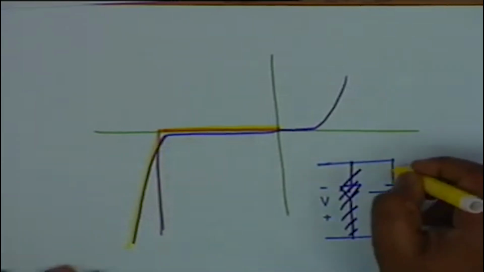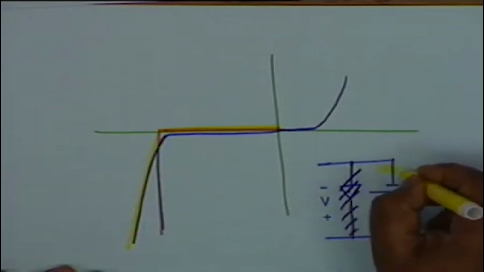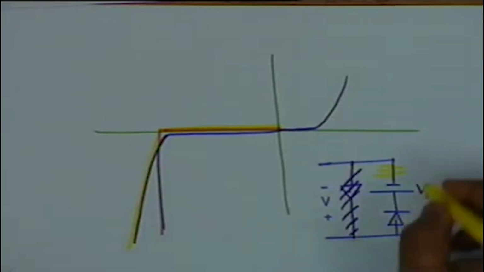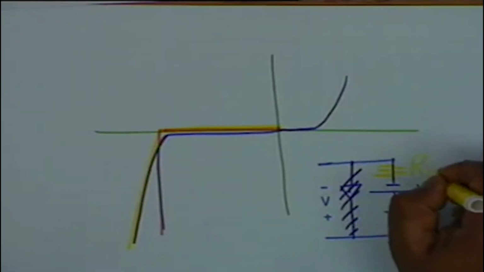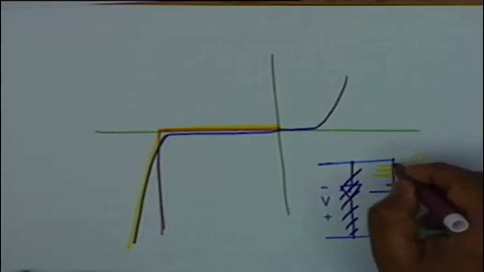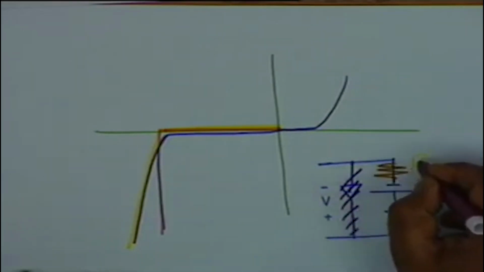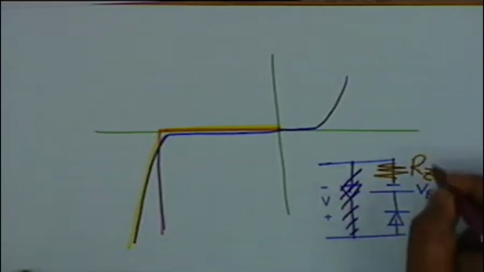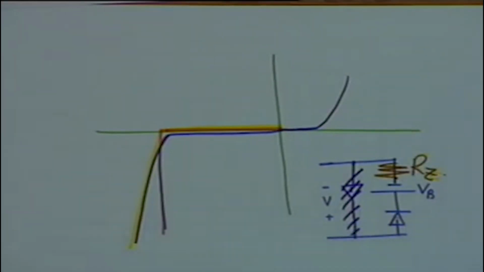All that you have to do is to include a resistance here. You call this RZ, the dynamic resistance of the Zener diode. Can you see the yellow color? All right. This is RZ, and this is a fairly good representation of a Zener diode.